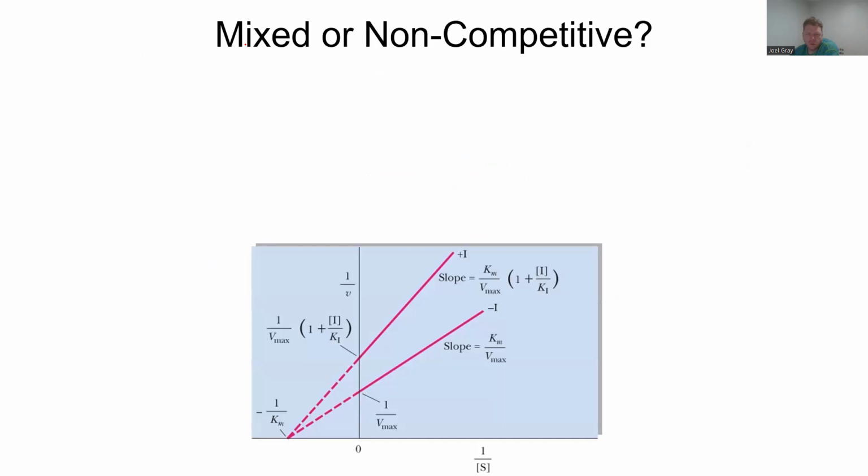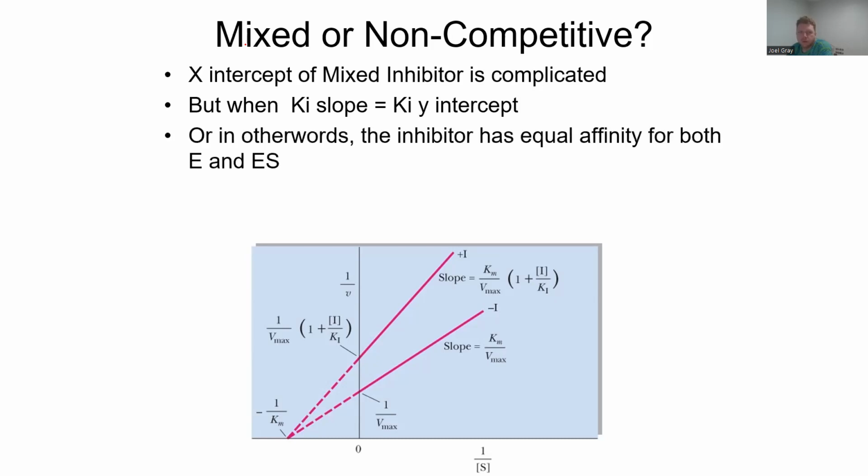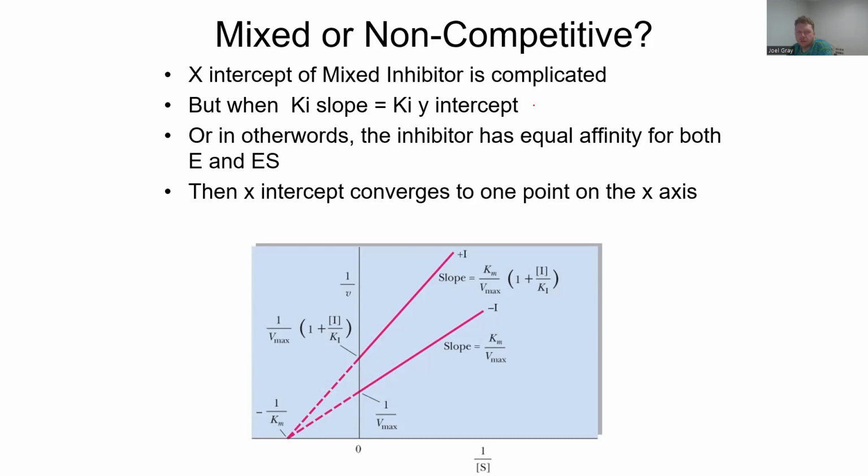Now, this graph down here, you're being asked, is this mixed or non-competitive? Well, the x-intercept of mixed inhibitors is kind of complicated. But when the Ki is equal to the Ki', or in other words, the inhibitor has equal affinity for both E and ES, then the x-intercept converges to one point on the axis.